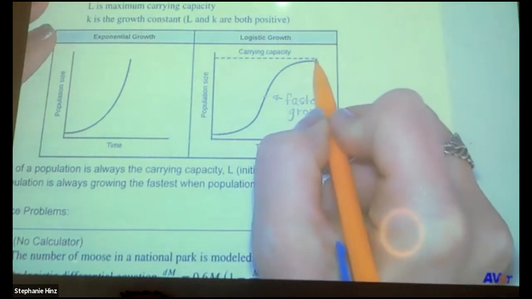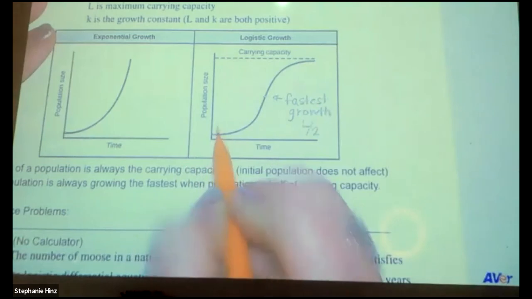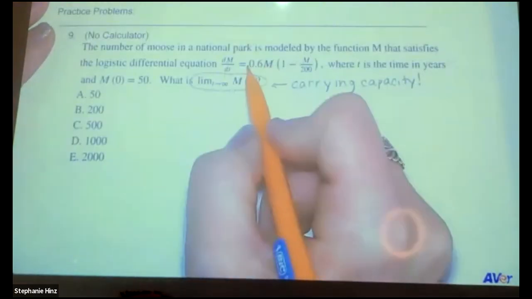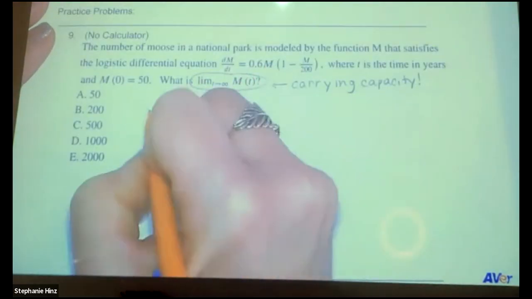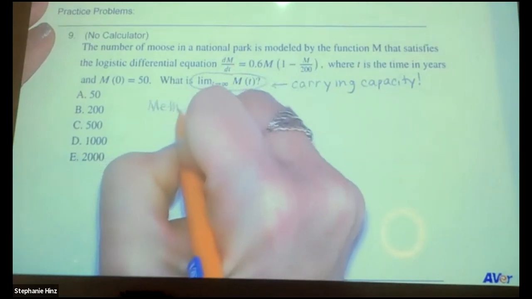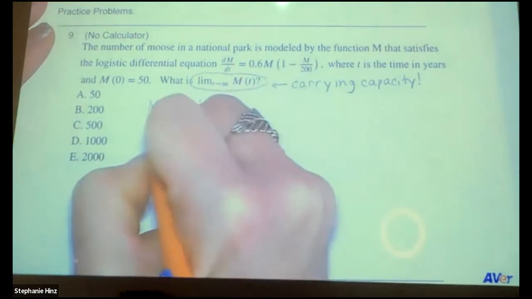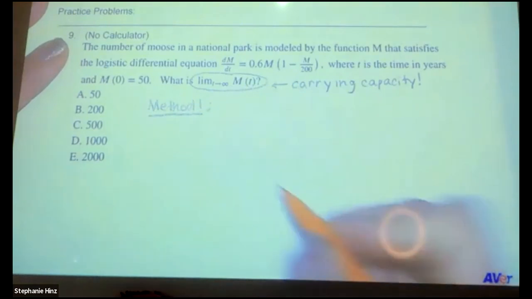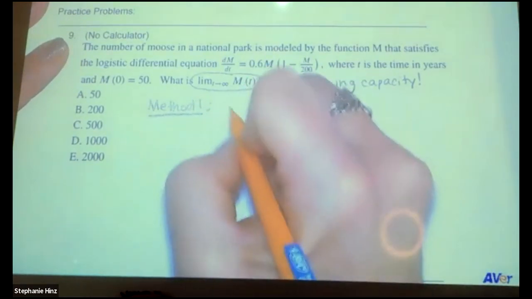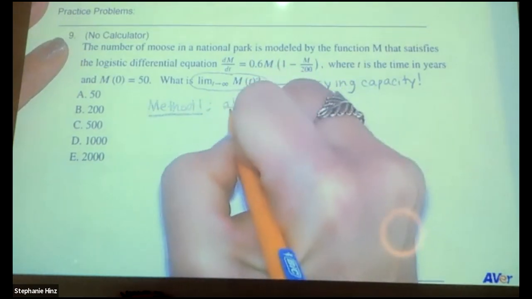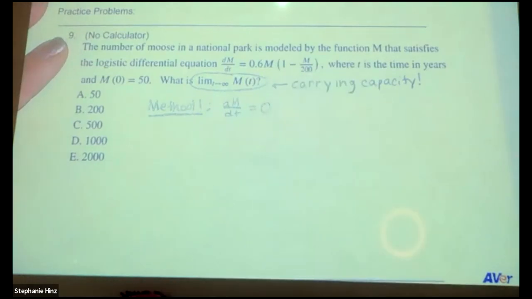So our slope is 0 here, our slope is 0 here. So they've given me a slope. So method 1 that I'm going to talk about tells us that our derivative would have to equal 0.